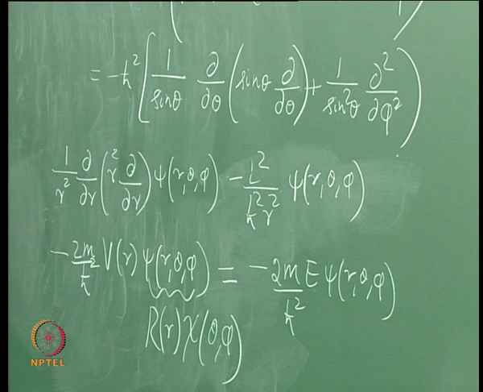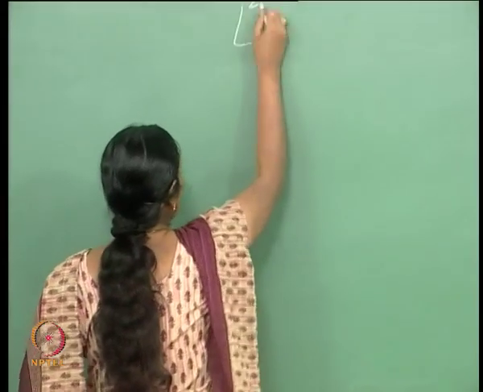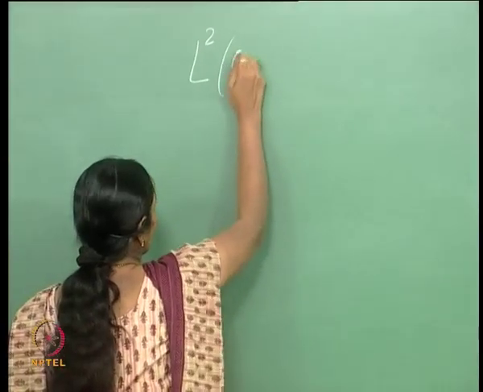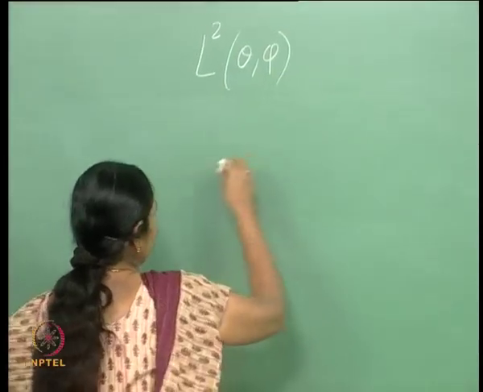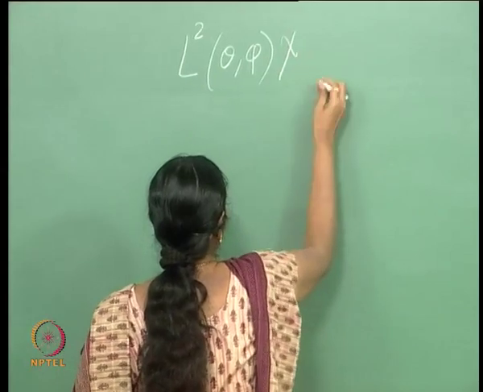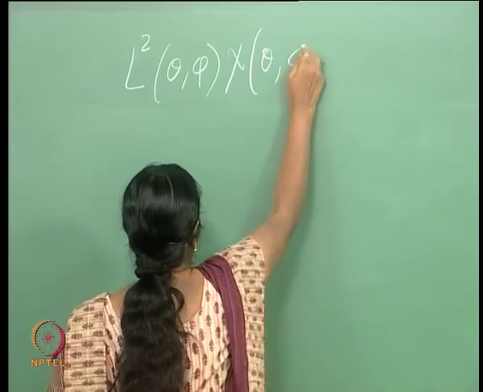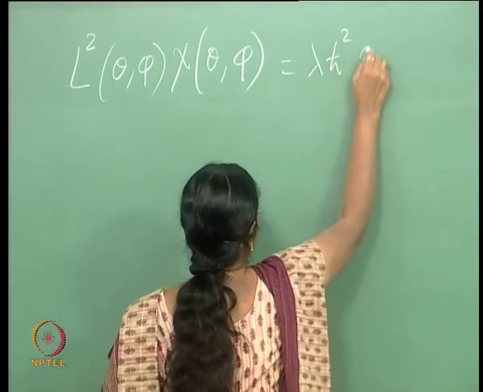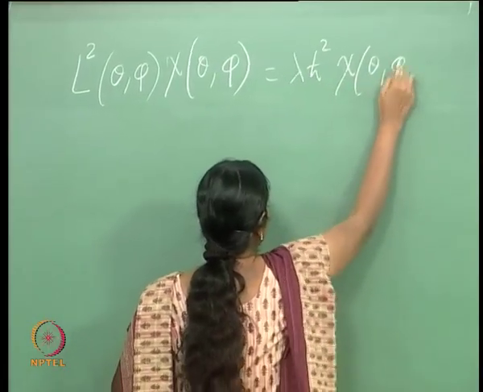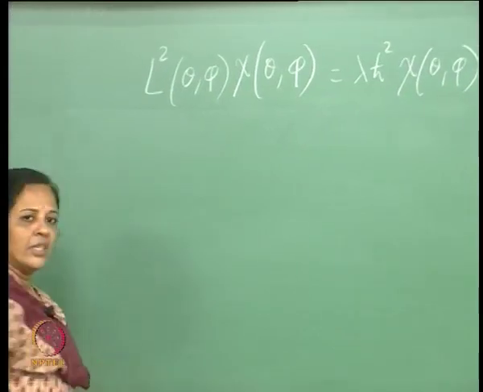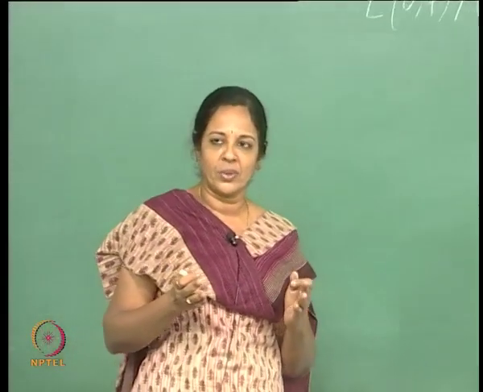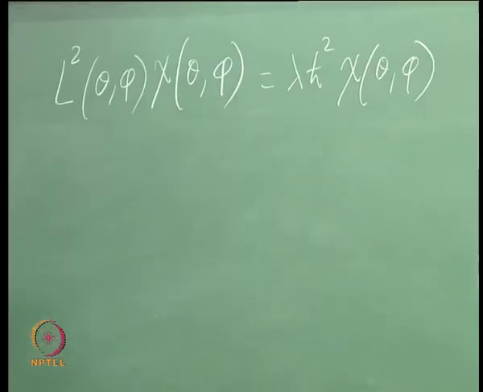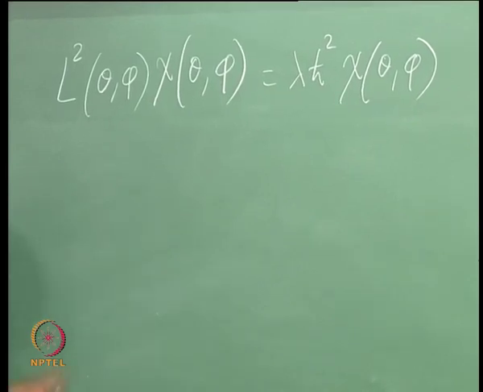So let me solve for that eigenvalue equation. I can write L squared, which is an operator function of theta and phi, acting on chi of theta phi is lambda h cross squared chi of theta phi. In fact, if you look at the structure of L squared, you can see that a further separation of variables can be done.